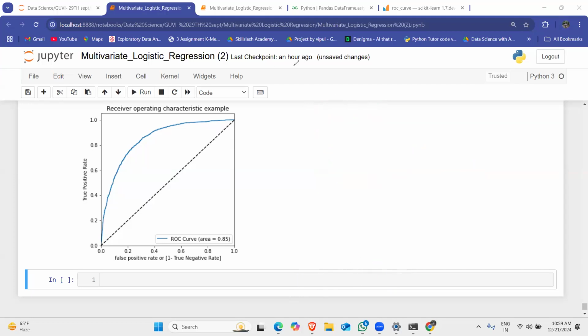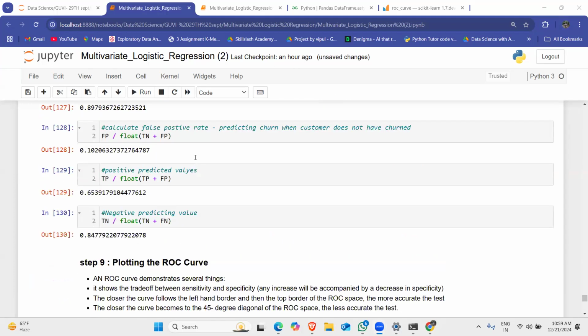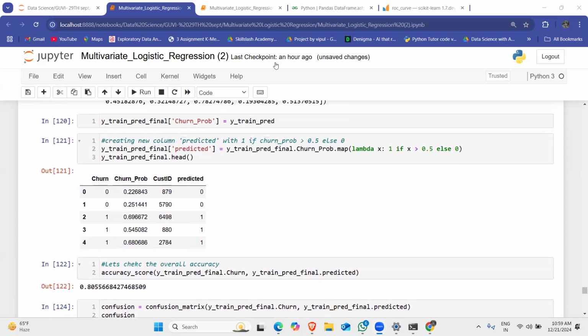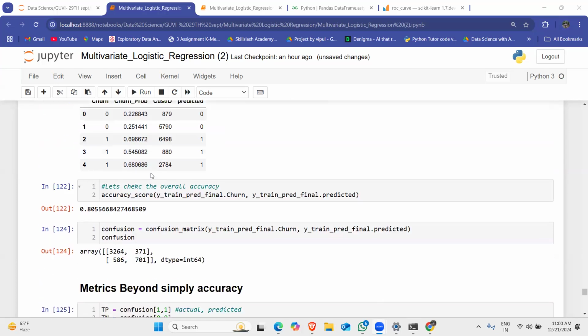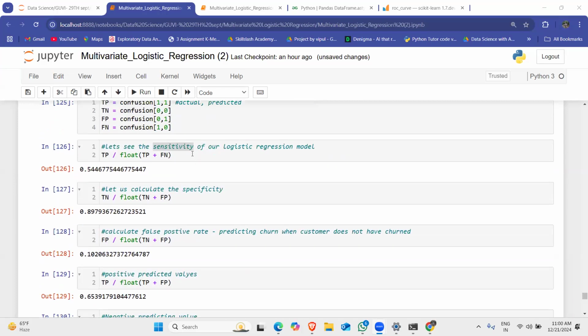First things first, what we have done is we have calculated the... So first thing first, we will understand the concept of sensitivity.